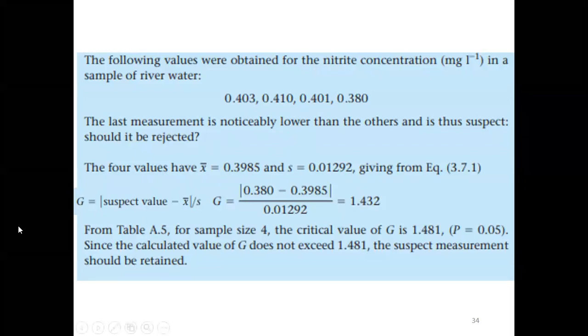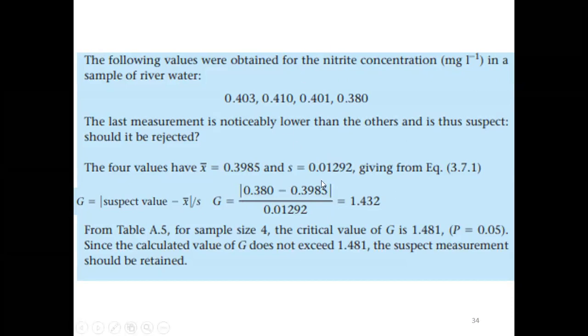So the G statistic equals the magnitude of the suspect value minus the mean, over the standard deviation. The suspicious value is 0.38, and 0.38 minus the mean of 0.3985 gives a negative sign, but here we take only the magnitude.